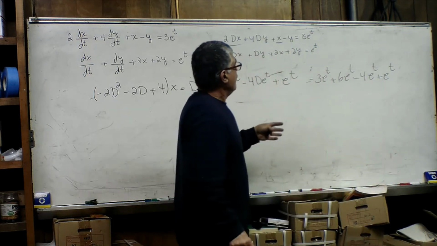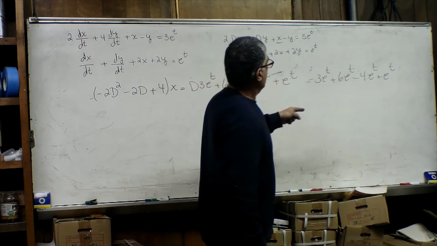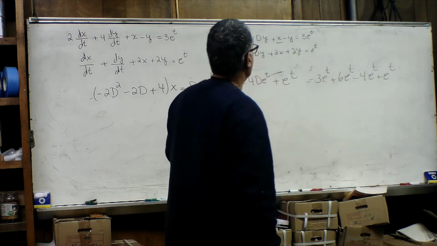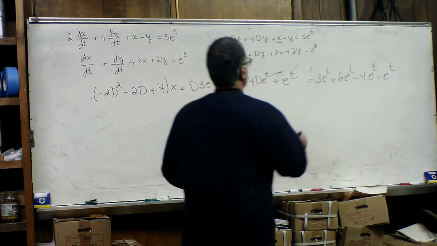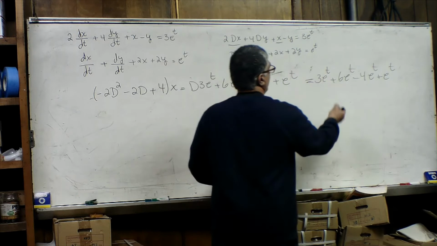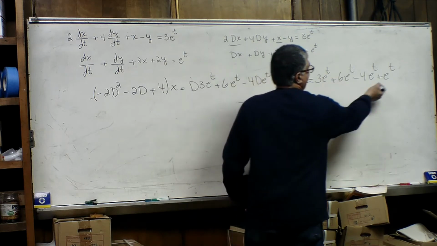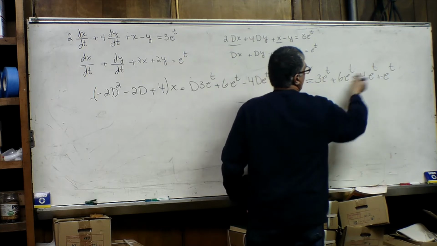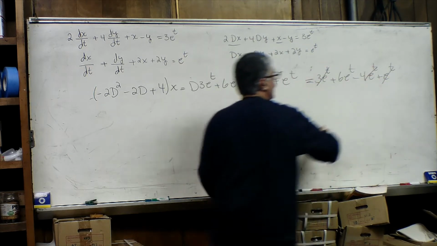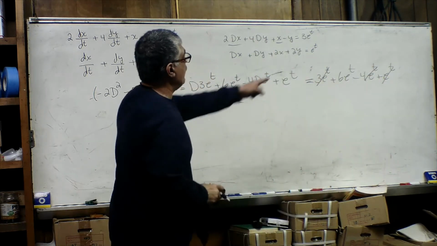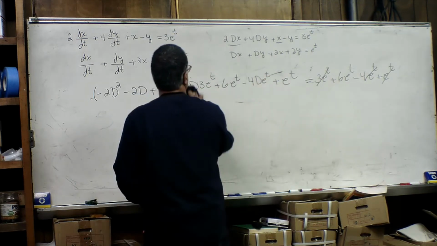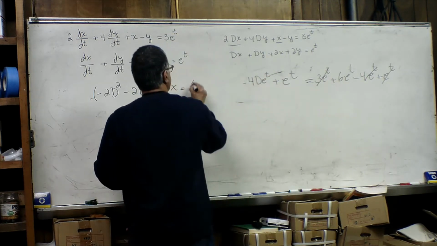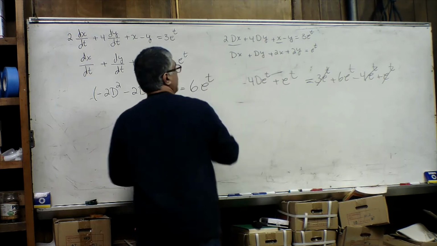So we have 3e to the power t and e to the power t is 4e to the power t, and minus 4e to the power t will cancel out. So the right side of the equation will be 6e to the power t.